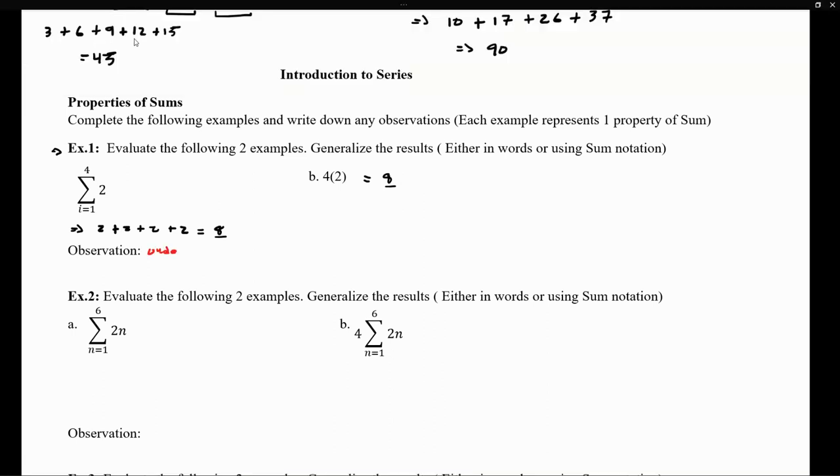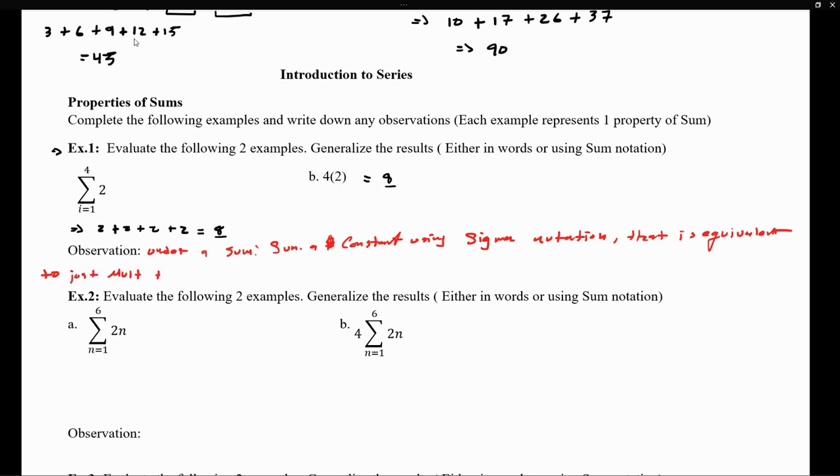So under a sum, if we're summing a constant using sigma notation, which is what we did here, we were just adding the same constant using sigma notation, well, that is equivalent to just multiplying by how many times we added. So this is what we tried to show here.